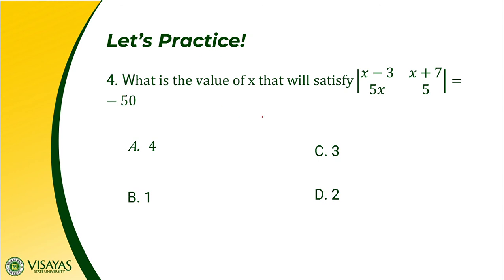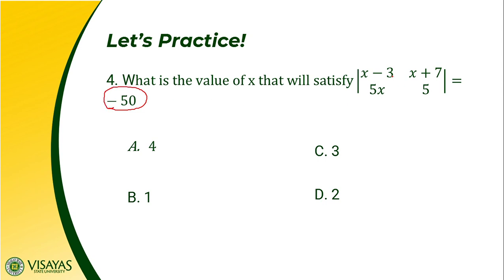So again, pause this video and answer. So the solution here, first, as you can observe, this matrix is enclosed by an absolute value sign, meaning to say the resulting negative 50 is the determinant.